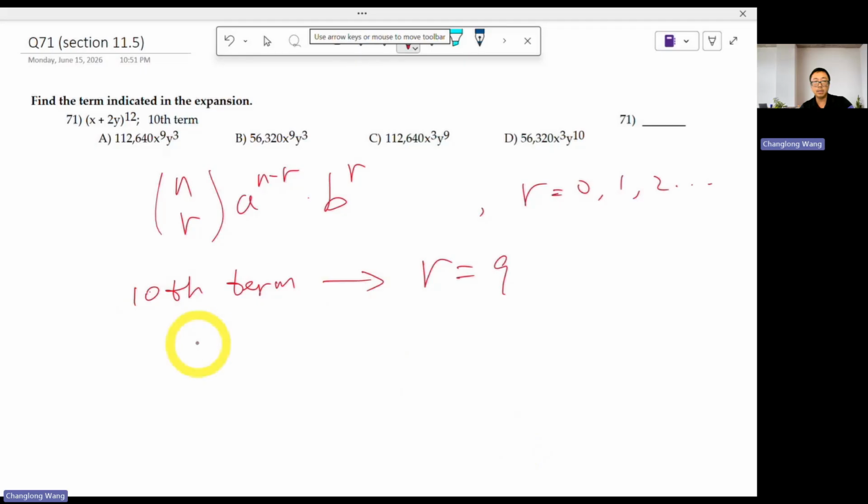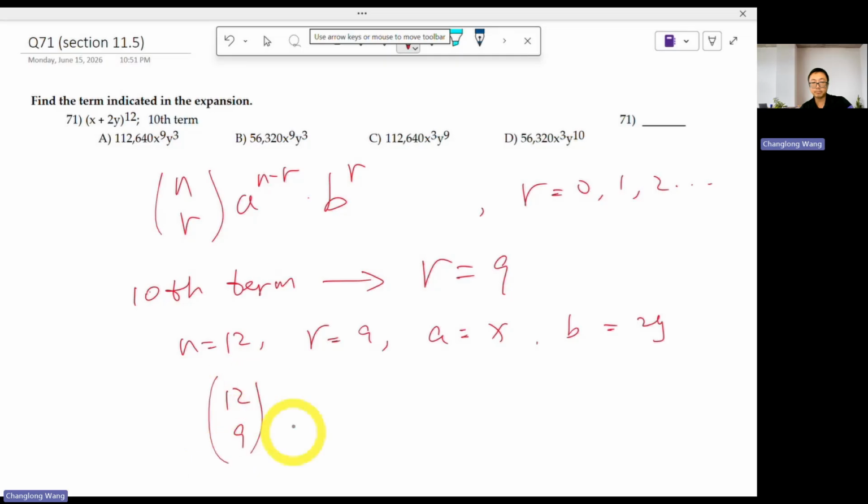That means we need to look at n is 12, 12C9. So n is 12, r is 9, a is x, b is 2y. Therefore, there will be 12C9, x to the 12 minus 9, then (2y) to the 9th power.